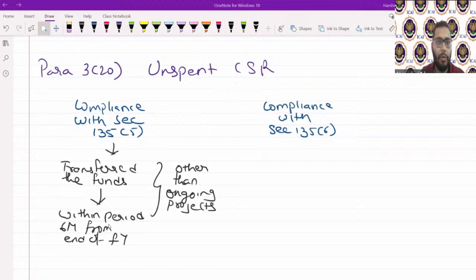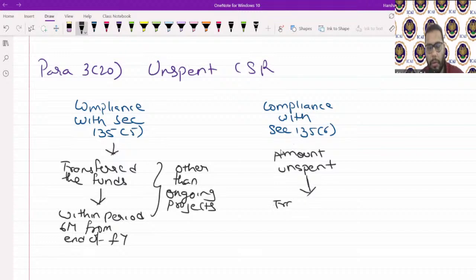Till now in 135(5) we were talking about other than ongoing projects. Now here it's ongoing projects. So, unspent amount transferred to a special account. This will be for ongoing projects.